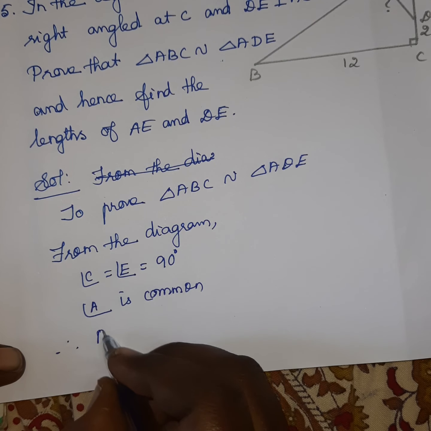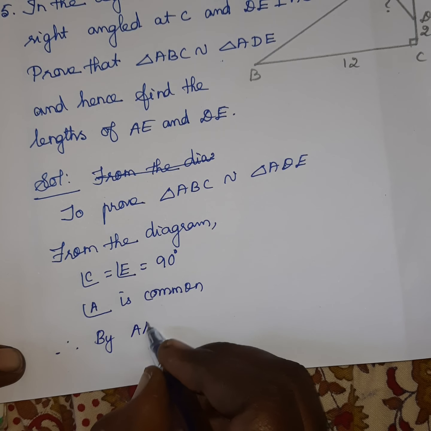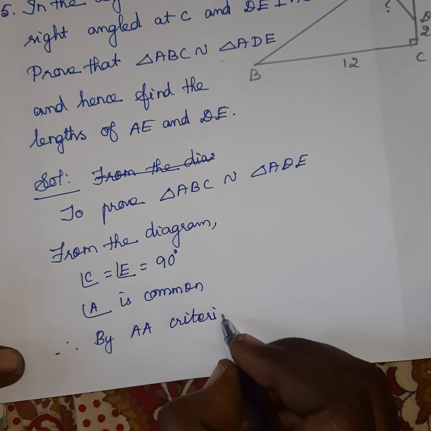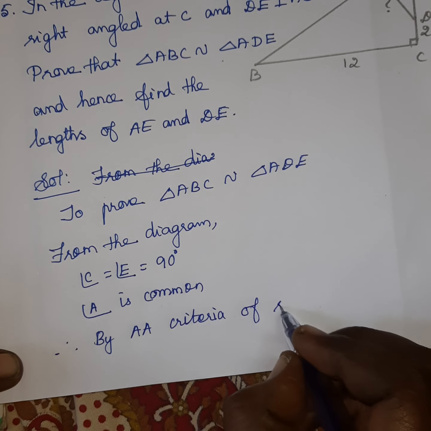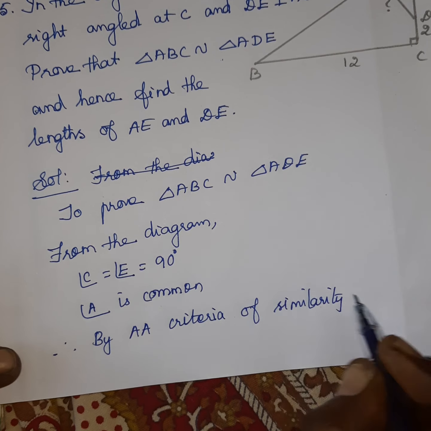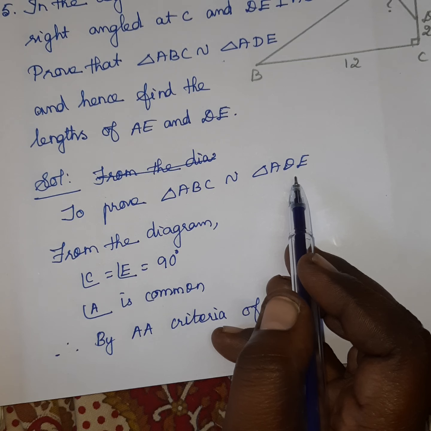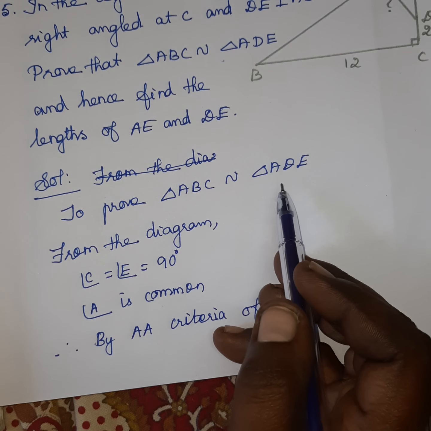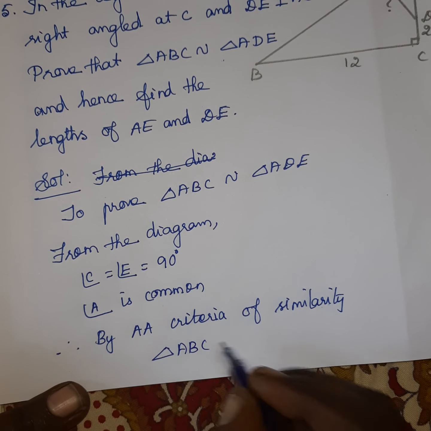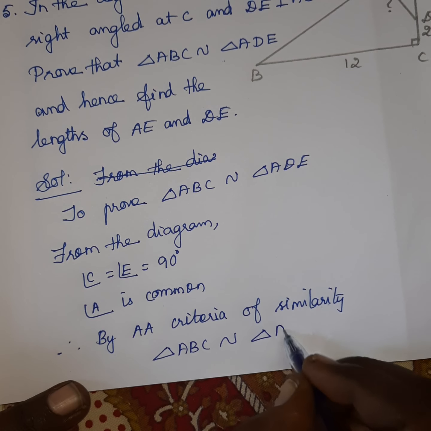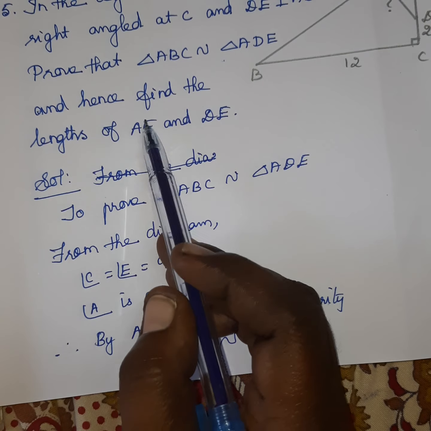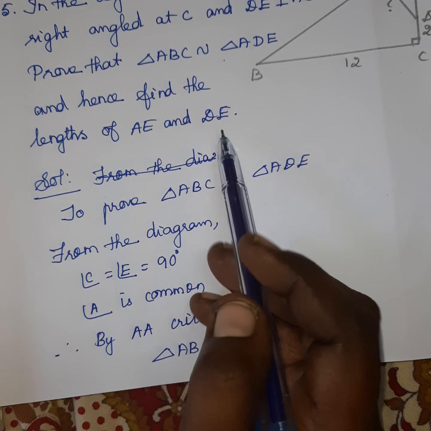Therefore, by AA criteria of similarity, triangle ABC similar to triangle ADE. Next we need to find the length of AE and DE.